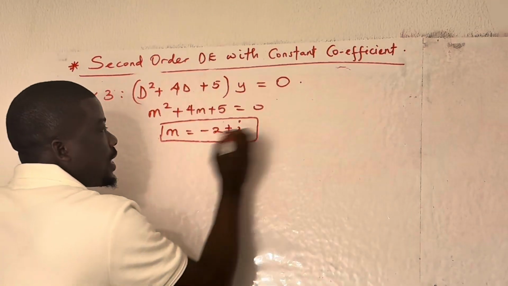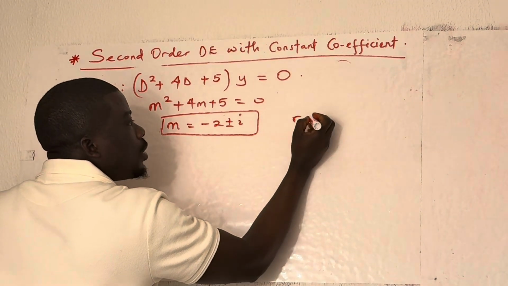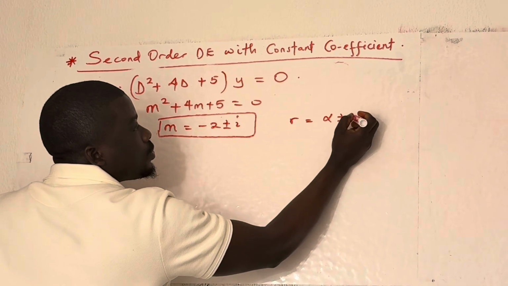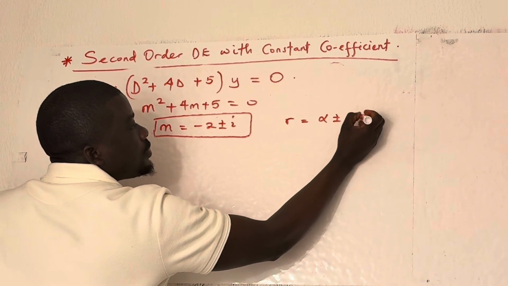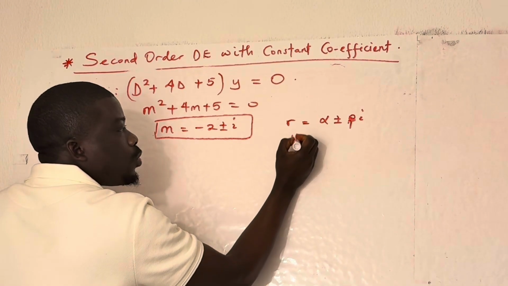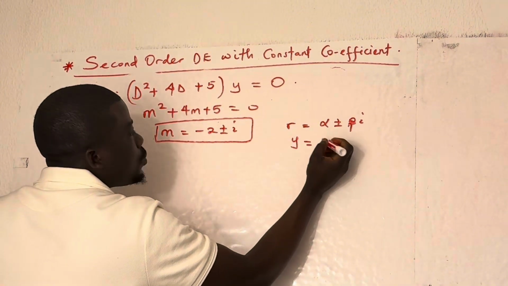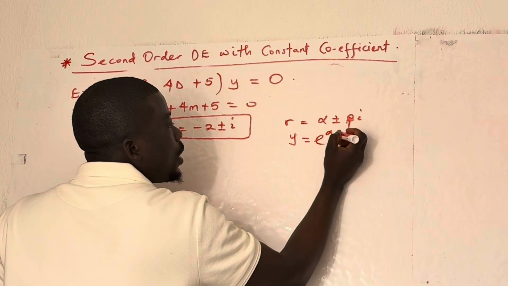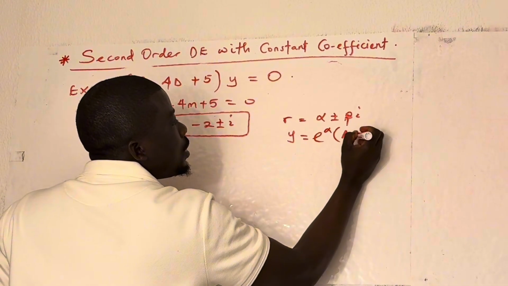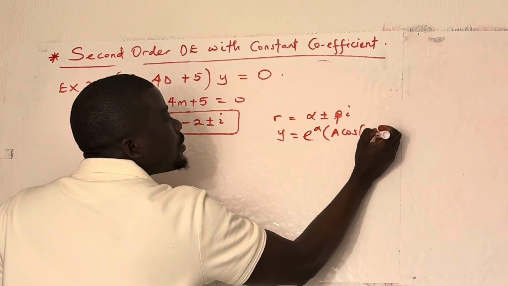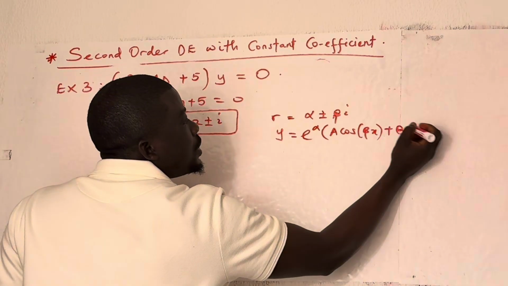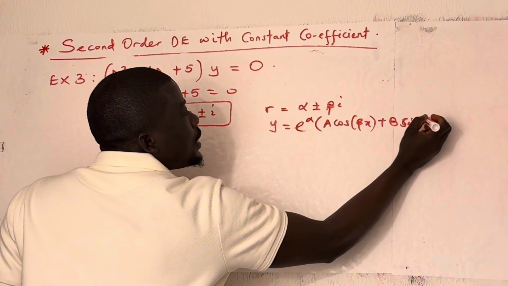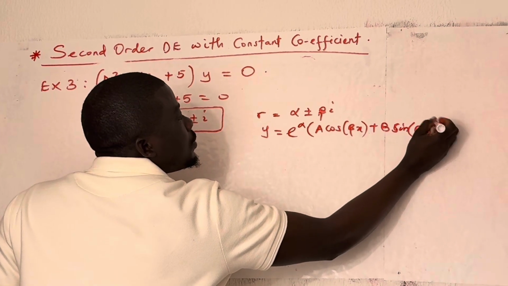As I said earlier, when you have your root r equal to alpha plus or minus beta i, our general solution will be y equal to e to the alpha x, bracket A cos beta x plus B sine beta x.